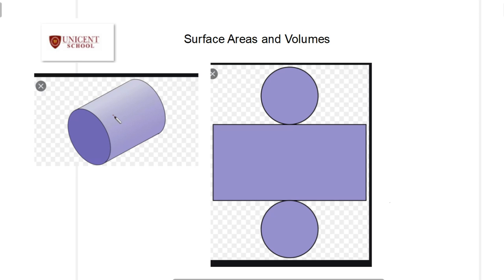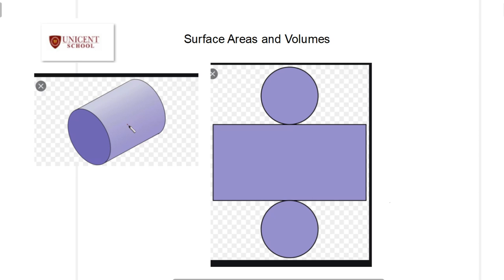The curved surface area is this part, only the side surface; the top and the bottom are not included in the curved surface area. If we consider the total surface area, for example, if I want to paint the cylinder completely, then I have to paint all the surfaces, hence we call it the total surface area.